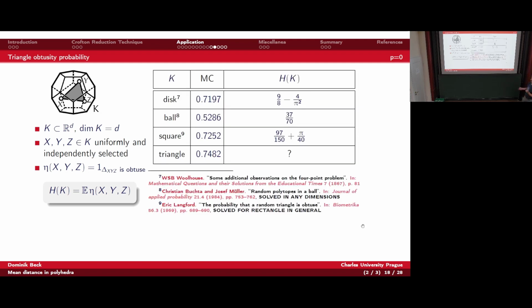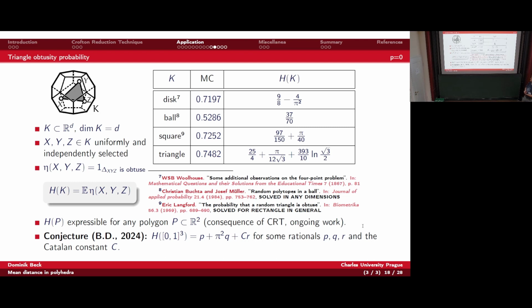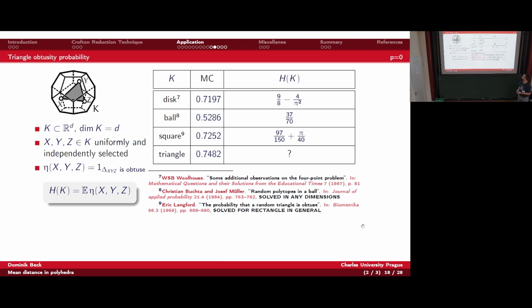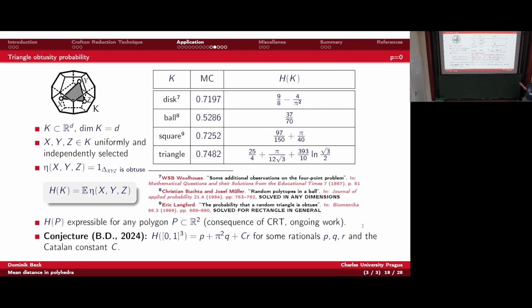And you can again write down some reductions, and you can compute this probability in various cases. For example, in a triangle, this value hasn't been known, so I was able to reduce it, and this is the probability.